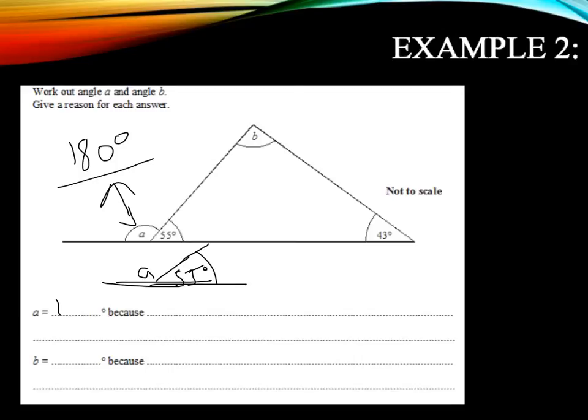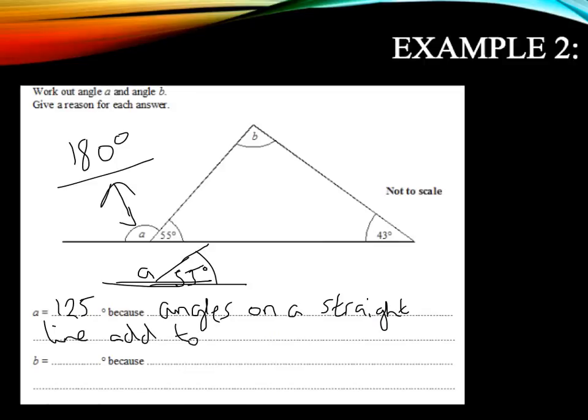I'm hoping you're saying 125 degrees. Because, and this is the reason you're going to give, angles on a straight line add to 180 degrees.